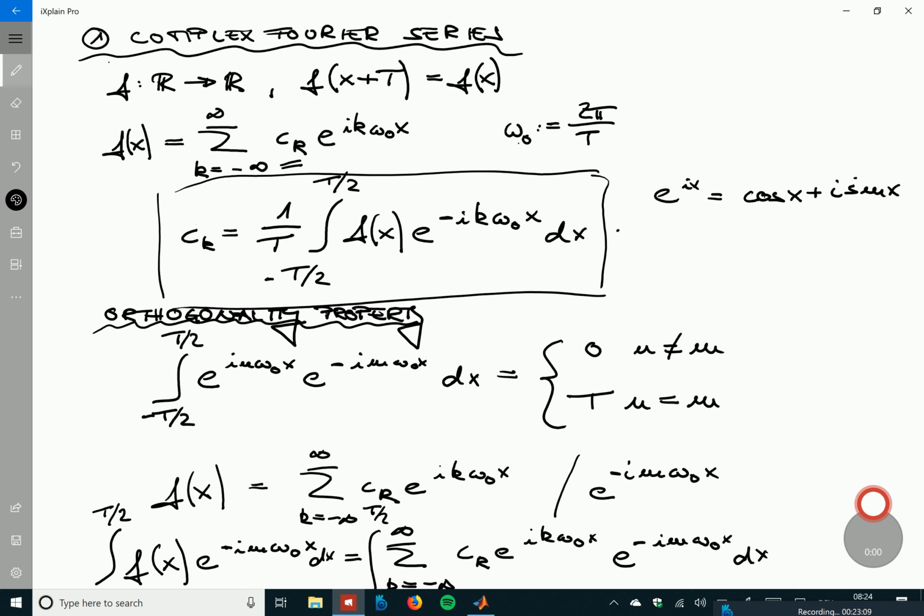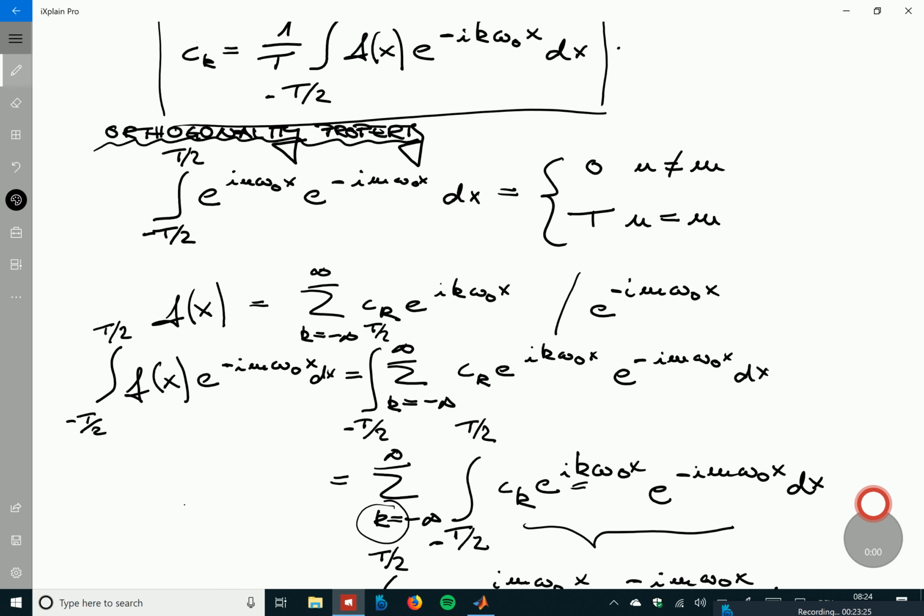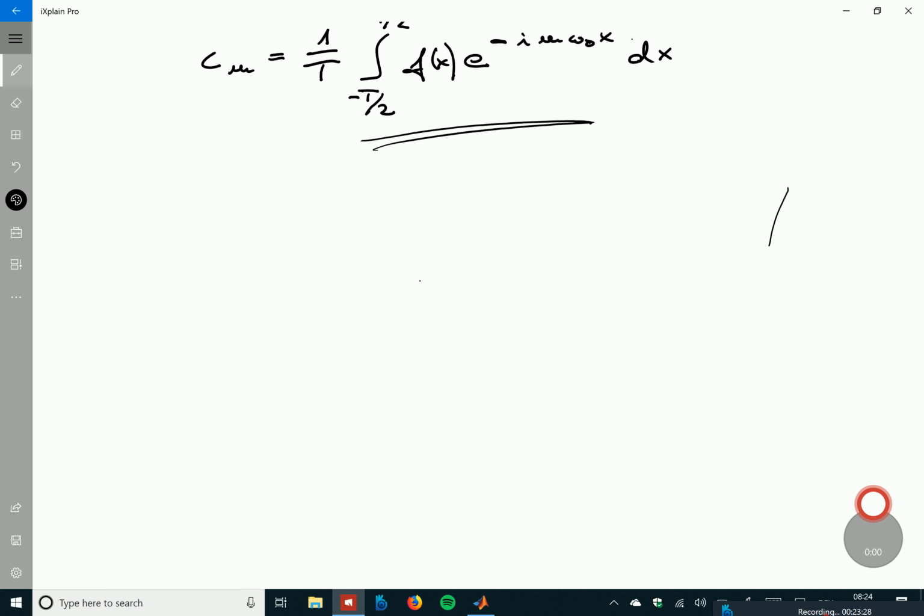Just one thing I don't get, why this e to the power of i m omega 0 x times e to the power of minus i m omega 0 x is e to the power of 0. Okay. That's from the early parts of probabilistic models for functional imaging, there is some stuff on the exponential function.